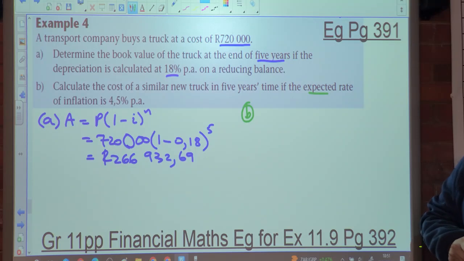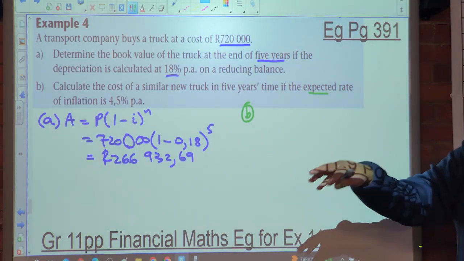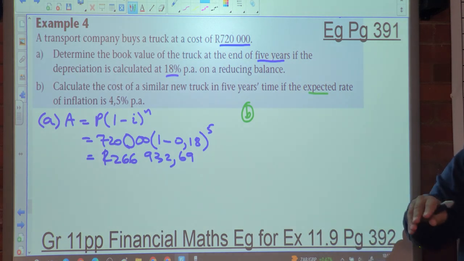If you had bought a Toyota Corolla 5 years ago, a brand new one, at 180,000, do you think you're going to buy the brand new Toyota Corolla this year for the same price? No, it's going to escalate.